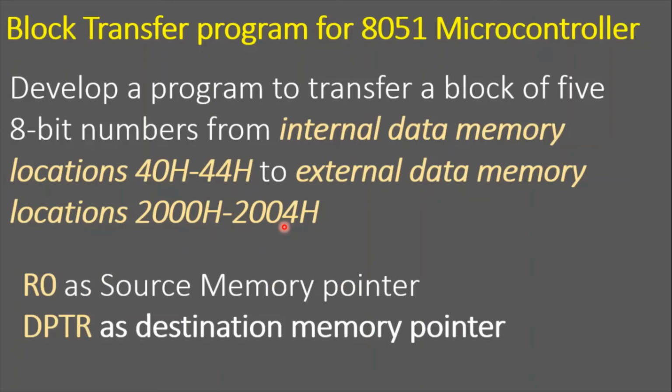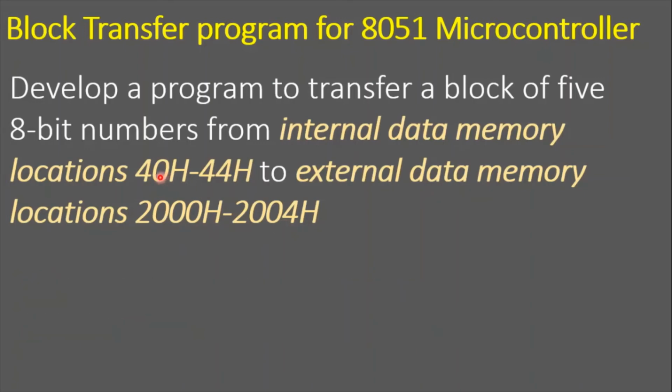It means that the number which is in internal memory location 40H should get transferred to external memory location having address 2000H. The next number which is in 41H location should get transferred to external memory location 2001H. Likewise, all 5 numbers should get transferred from internal data memory to external data memory.